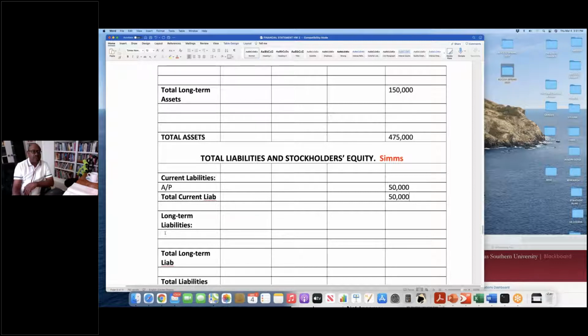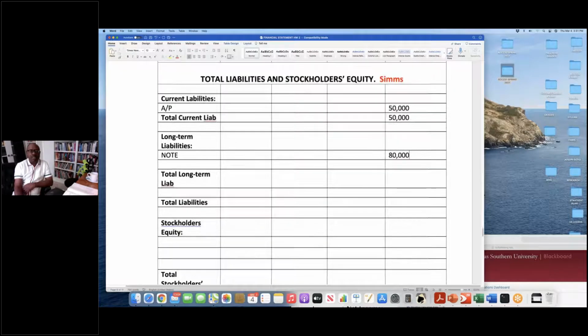Then the long term, this is our note, right? Yes, sir. And how much? 80,000. So what's our total liabilities? 130,000.